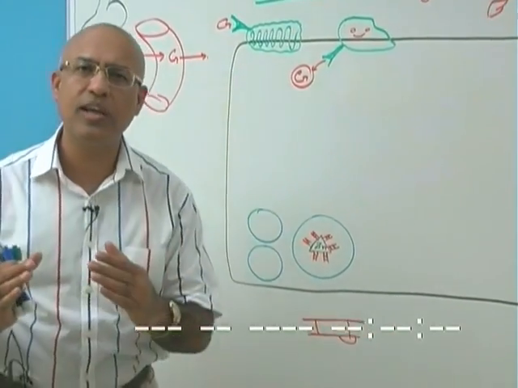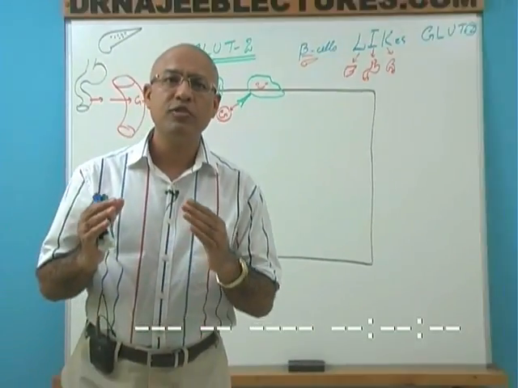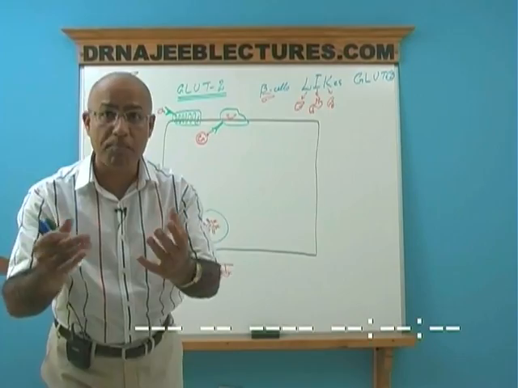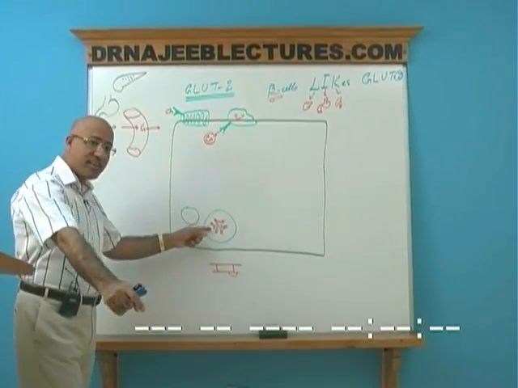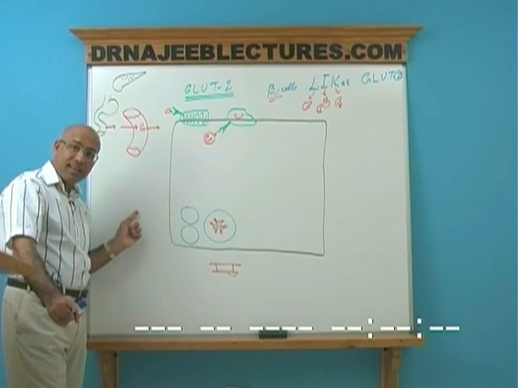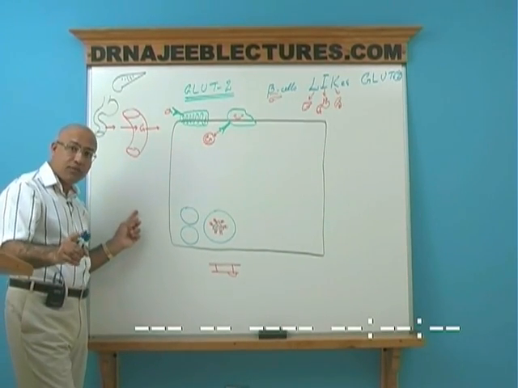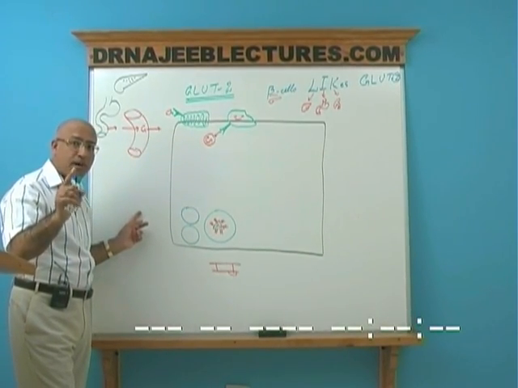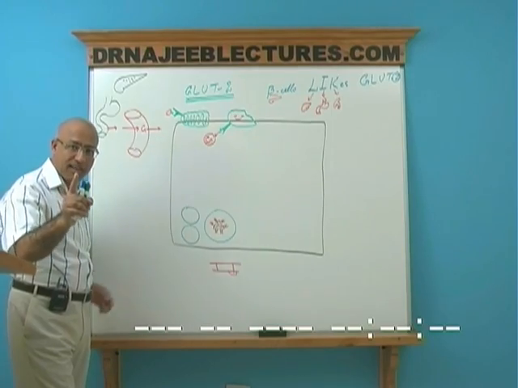So we say that insulin is stored in the secretory vesicle in hexameric form. But remember, once insulin is secreted in the blood, it can be present in dimeric or monomeric form. The fully active form of insulin is monomeric.